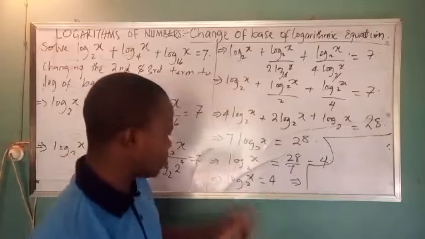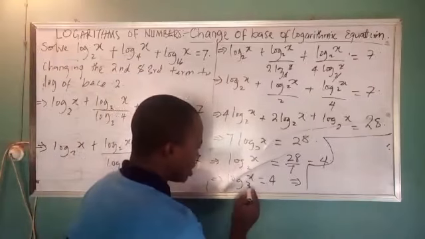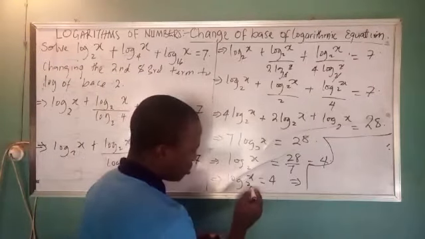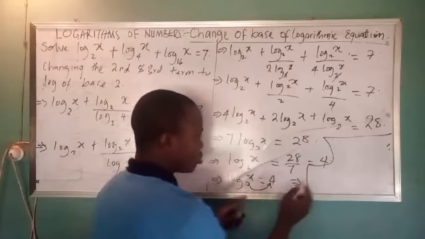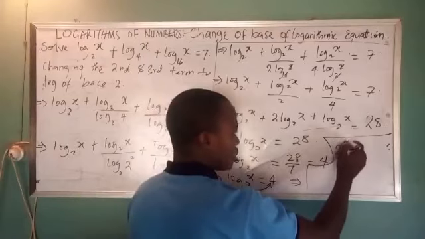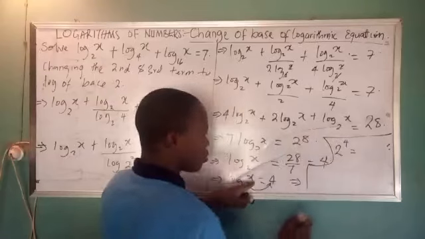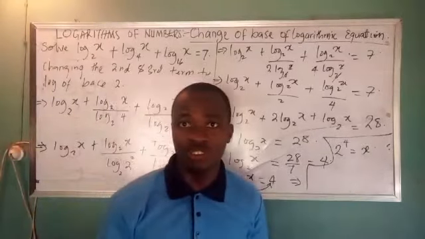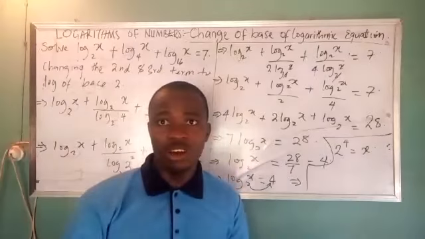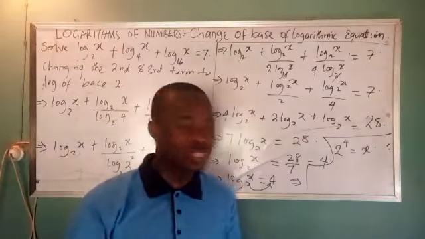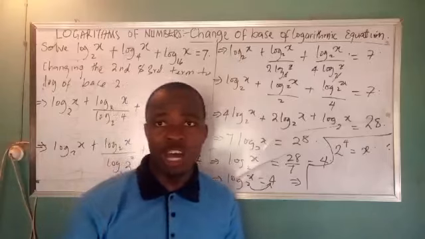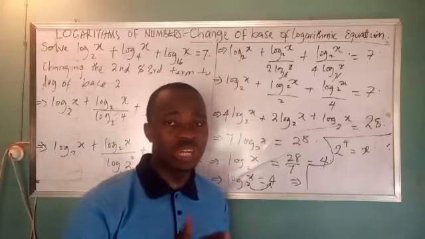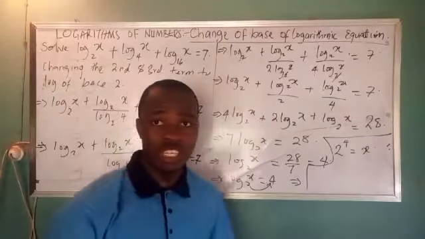To change this to indices form, this will be 2 raised to power 4 equals x. That's from the definition of logarithm. That is, the log of a number is the power to which the base is raised to give the number.